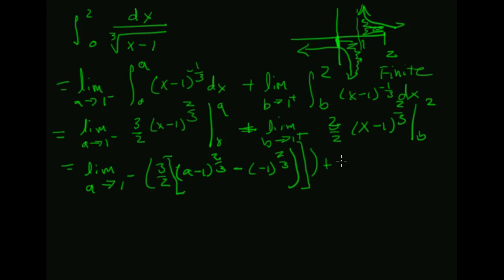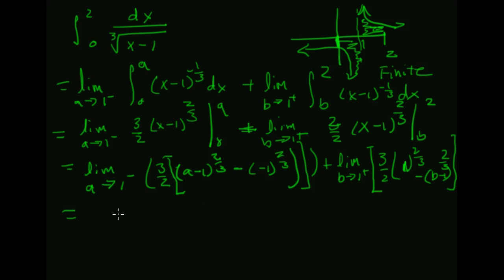And then we're going to take the limit as b approaches 1 from the positive side. And let's see what happens here. If I put 2 in there, we're going to go to 3/2, and 2 minus 1 is 1 to the 2/3. And then this is going to be minus b minus 1 to the 2/3, end bracket. And I think I've got that. It's just 1.